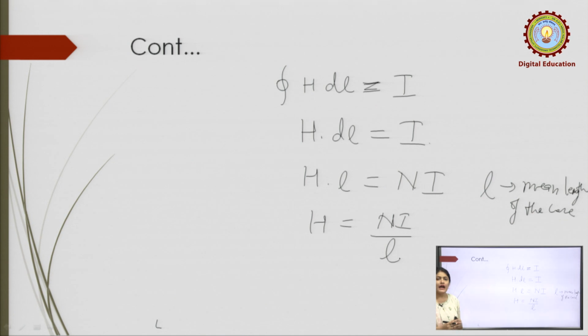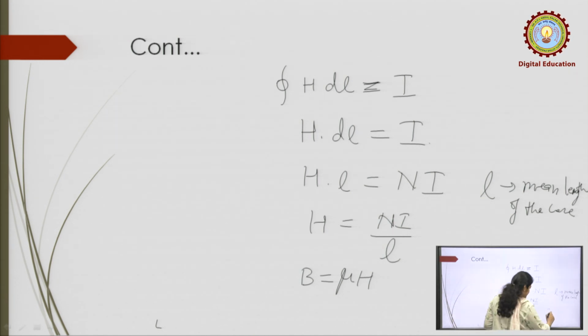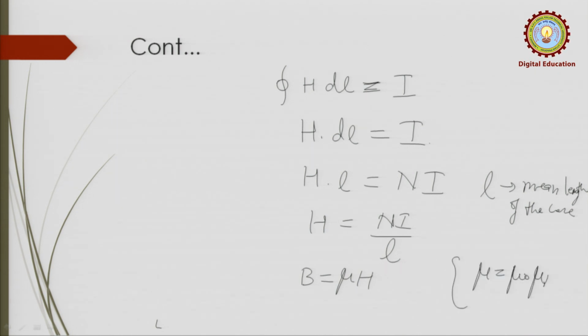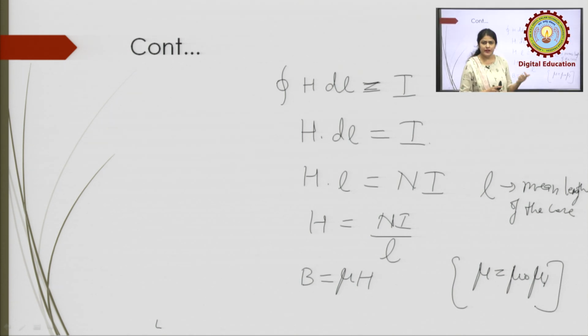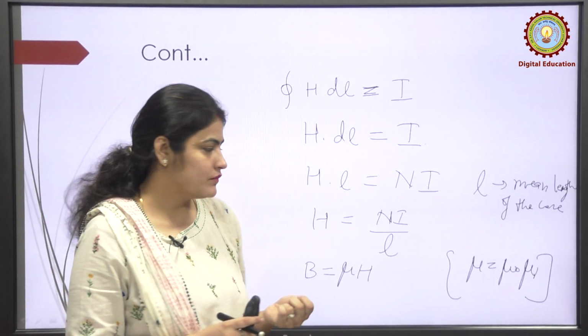Okay. As you know, the flux density B is equal to mu H. B is the flux density, mu is the permeability of the material, that can be represented as mu is equal to mu 0 mu r, where mu 0 is the permeability of air and mu r is the relative permeability.